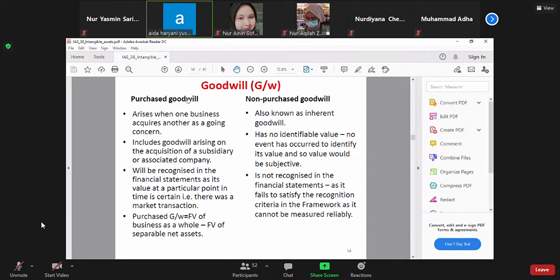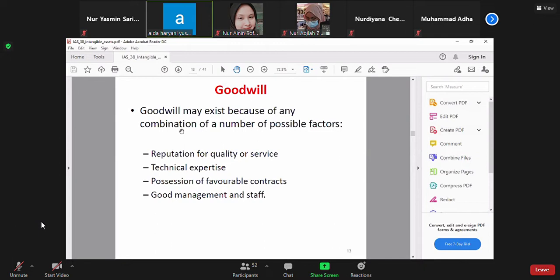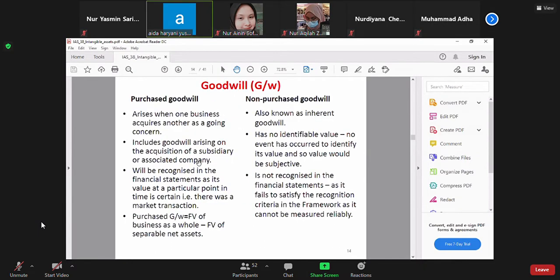So let us look at the purchase goodwill. Purchase goodwill arises when one business acquires another as a going concern. So like I mentioned, why does a business want to buy another business? Because of the reputation of that business. Okay. It includes goodwill arising on the acquisition of a subsidiary or associated company. Meaning you acquire more subsidiary companies.